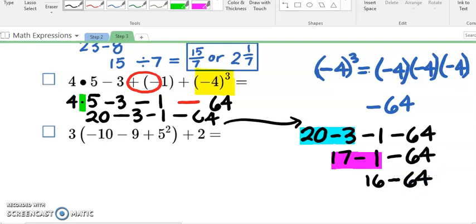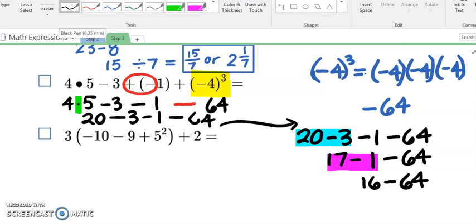The rule is when you have a number 16 and you can't take away 64 from it because 64 is too big, we have two numbers with different signs, so we're going to find the difference. Since I can't do 16 take away 64, I'm going to switch and do 64 take away 16.